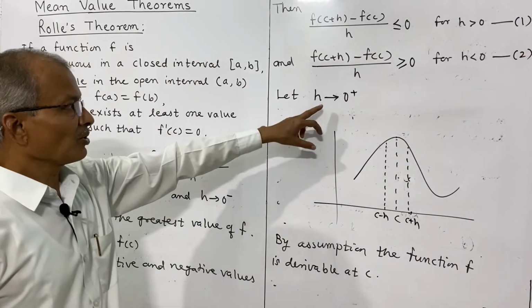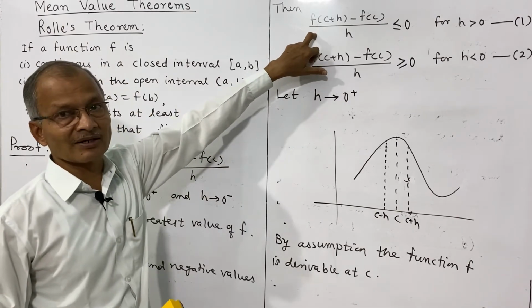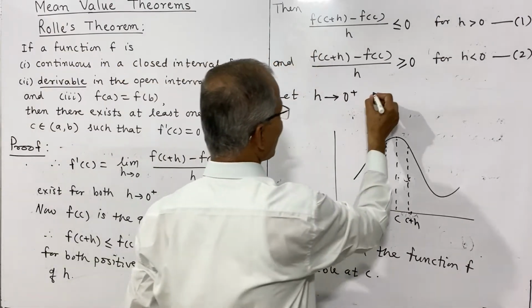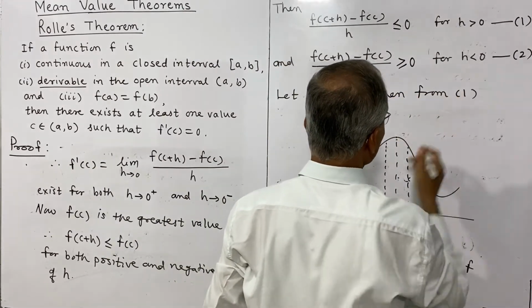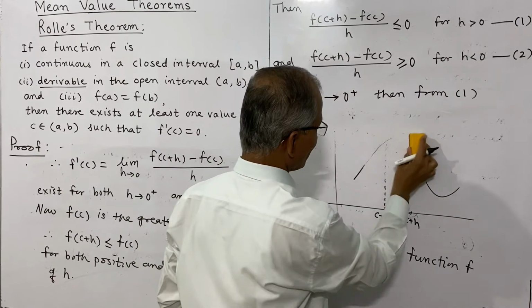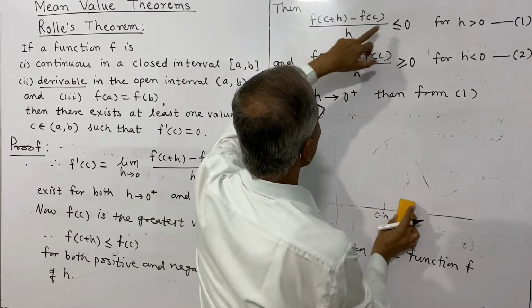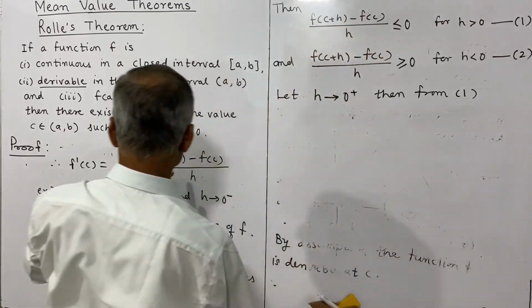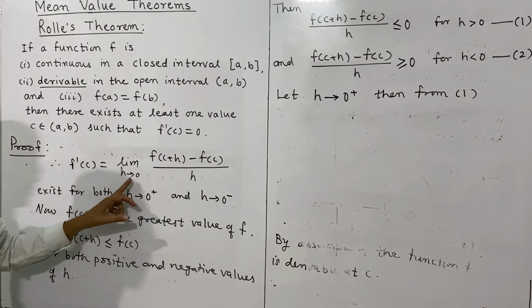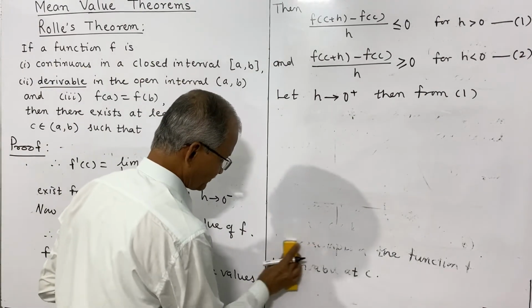Let h tend to 0 from the right, first case. What does the first statement give? Take the limit as h tends to 0 from the right, and this limit is the derivative, that will be the right hand derivative.